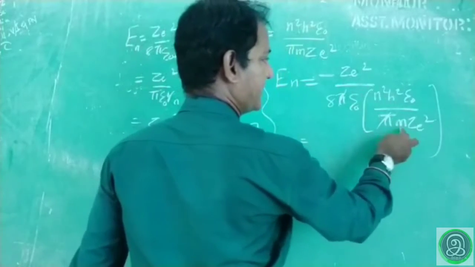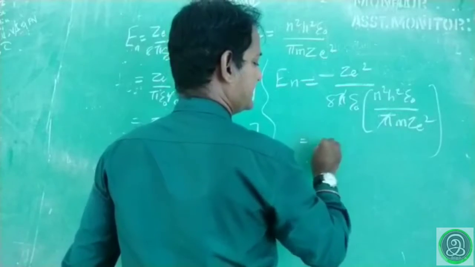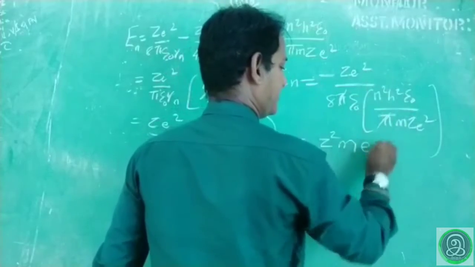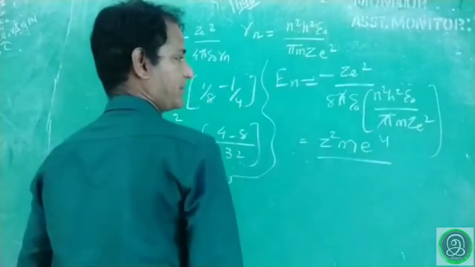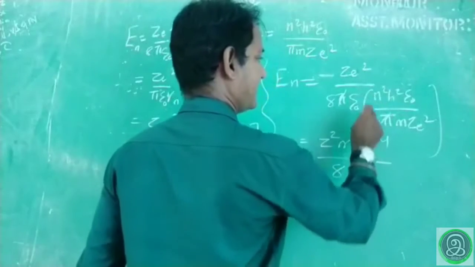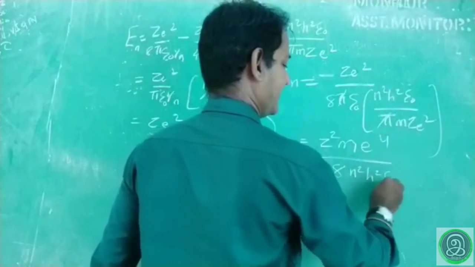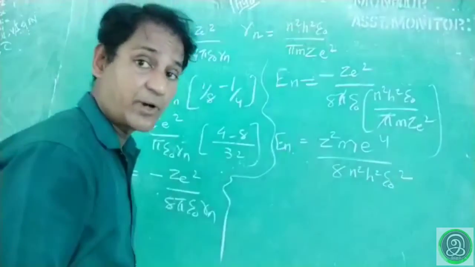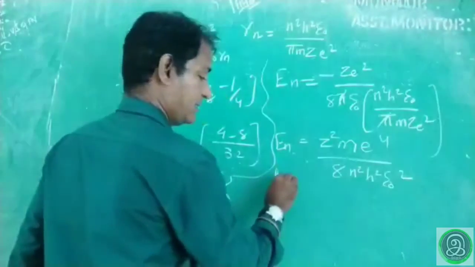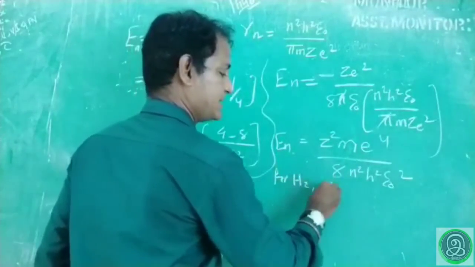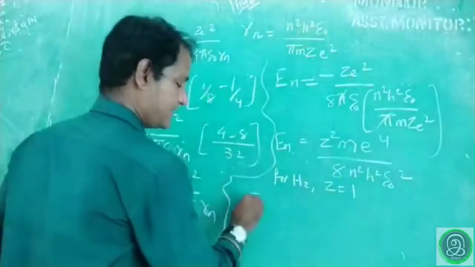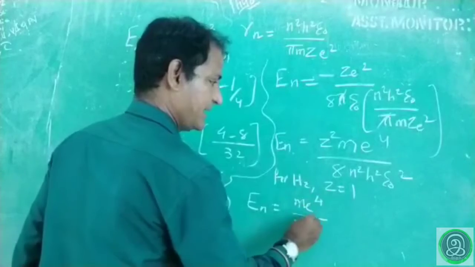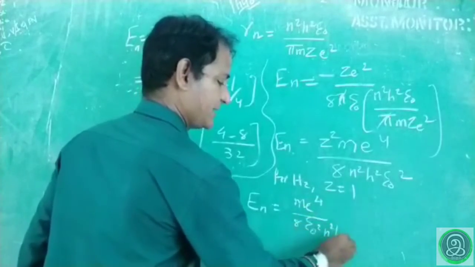When I bring this to the top, we get Z squared m e to the power 4 by 8 n squared h squared epsilon naught squared. So this is the energy of the electron in the nth orbit. For hydrogen atom, Z equal to 1, so E suffix n is equal to minus m e to the power 4 by 8 epsilon naught squared n squared h squared.